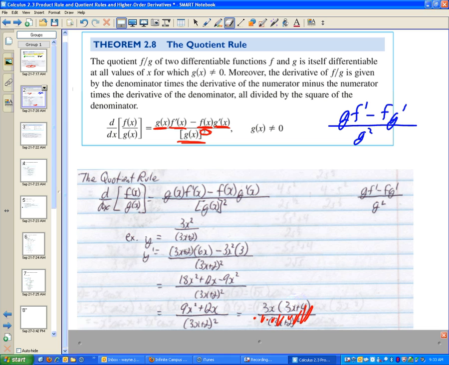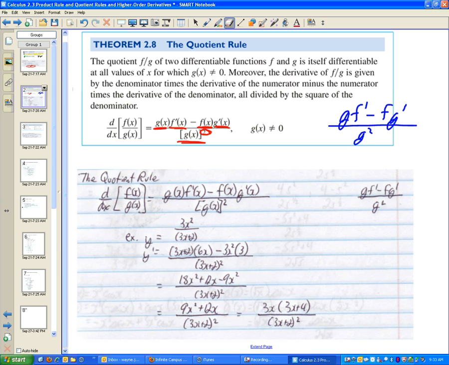And 12x divided by 3x is 4. And leave the denominator alone. Sometimes a nice thing happens at that point, and sometimes you can divide out a common factor from the numerator and denominator. Sometimes. And that's the quotient rule.